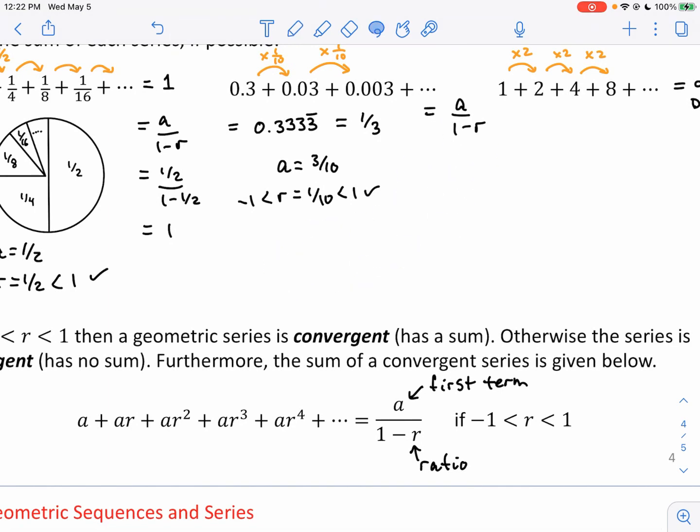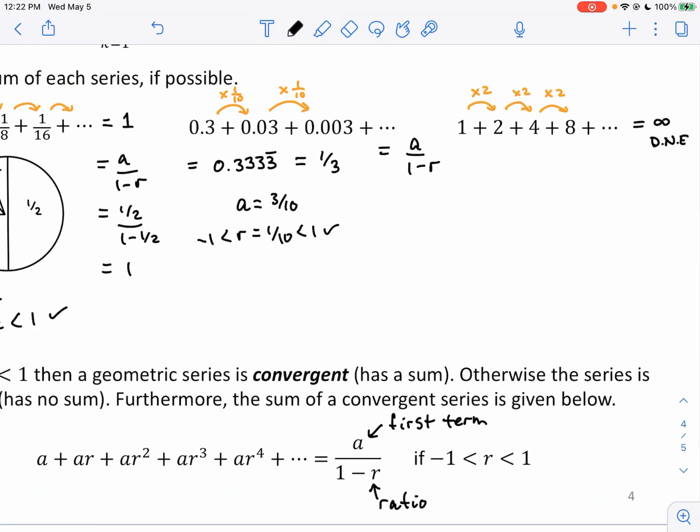The first term is 3/10 over 1 minus 1/10, that's 9/10, so we get 3/10 over 9/10. Invert and multiply, the 10s will cancel, so we get 3/9, and 3/9 is the same thing as 1/3. So we confirm the 1/3 using the formula.